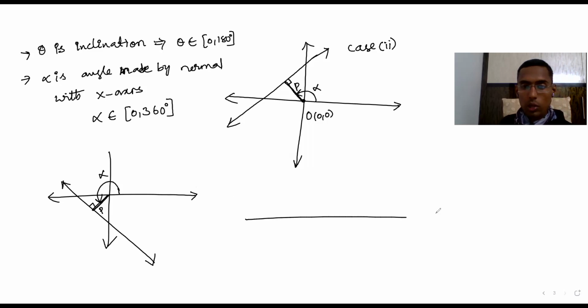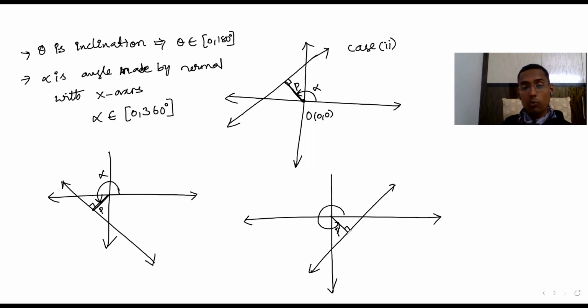Another case: if the line is like this, then we draw the normal like this. This is P and this is alpha. That means it is in the fourth quadrant, so it is more than 270 degrees, and up to 360 it can be. This is alpha, the angle made by the normal with the positive direction of the x-axis, measured in the anti-clockwise direction.